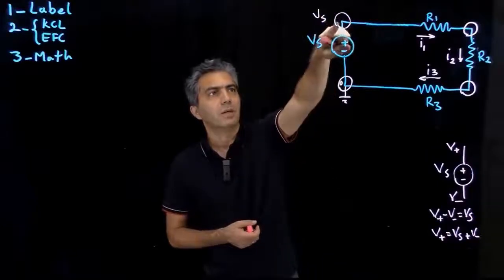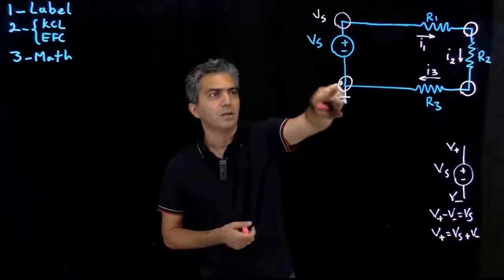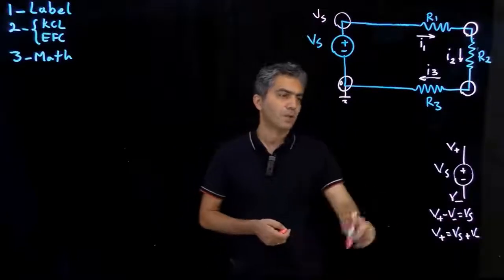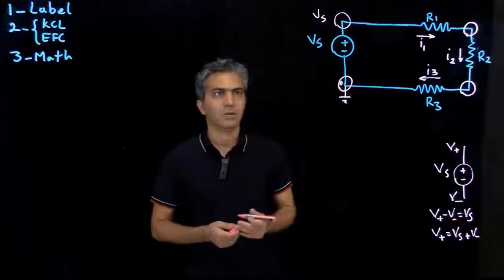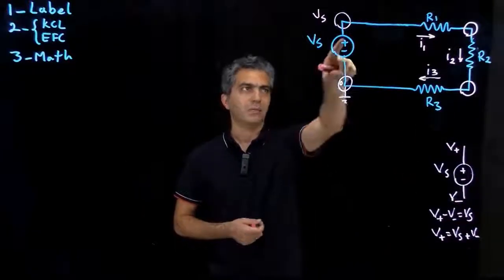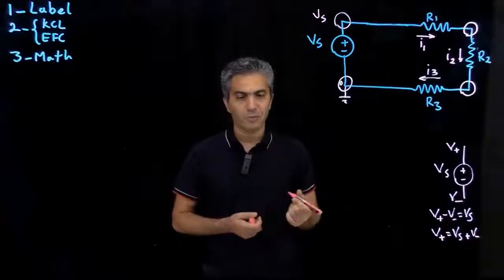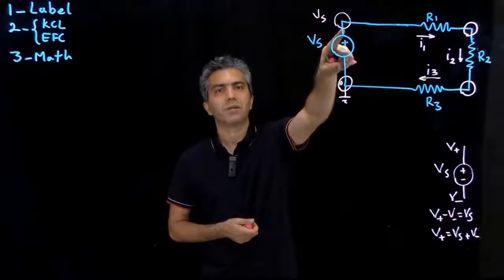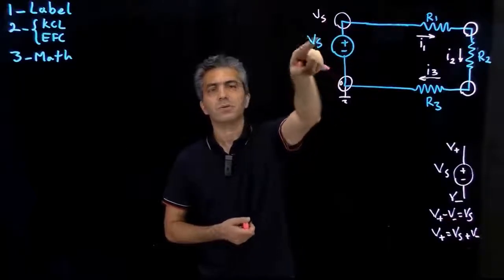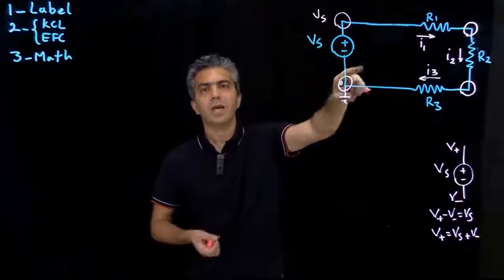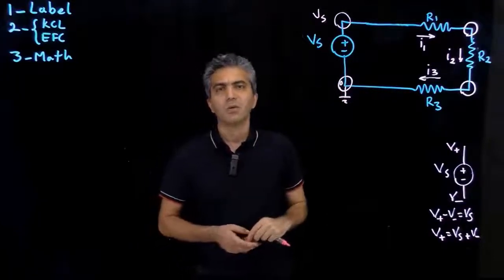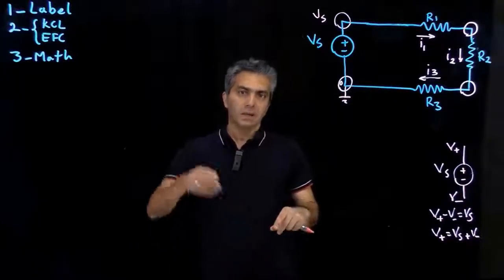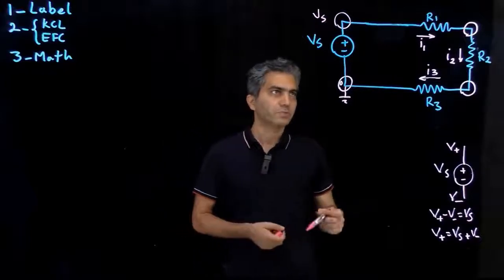So V plus, the voltage on top, is 0 plus Vs. So you can always do that in your head, and with that, instead of introducing a new variable in your circuit, V1, you've actually used a known value, which then reduces the number of equations that you have by 1, simplifying the math that you're going to do.